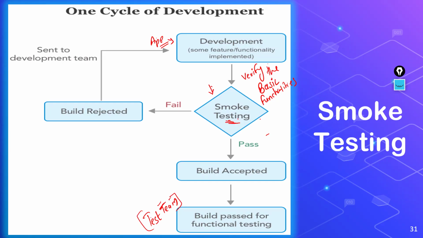Now, what the development team shares with the test team, we call it a build. Build is nothing but this application only, but we call it a build, because we call it an application only when all these testing verifications are completed.